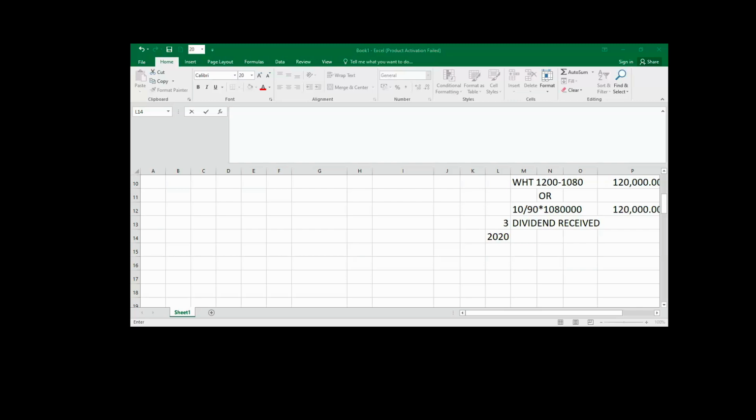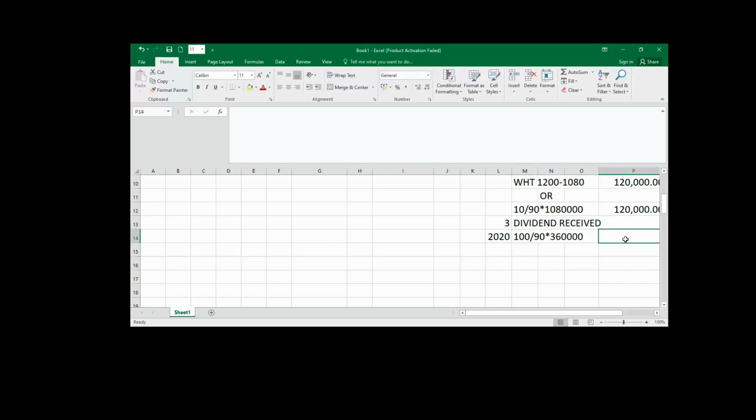That means what they receive is 90%. So you are going to calculate, grossing it up: 100 over 90 multiplied by 360,000.